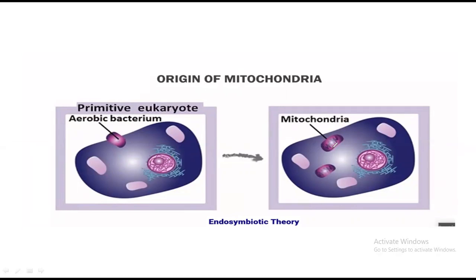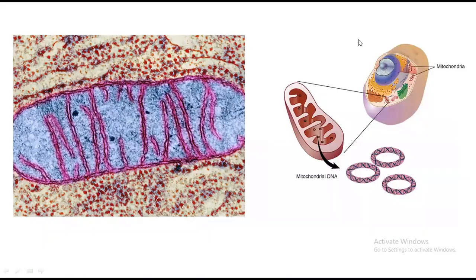If we look at the structure of the mitochondria, it is just like the structure of bacteria. Its size is also similar to bacteria, a bit larger, and it looks just like a bacilli bacteria. It contains its own DNA, because we know that bacteria contain DNA, and it was circular DNA.